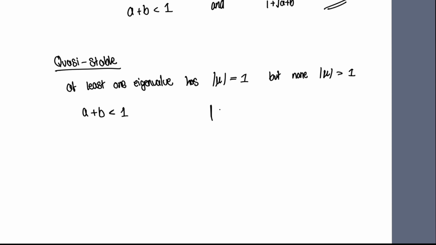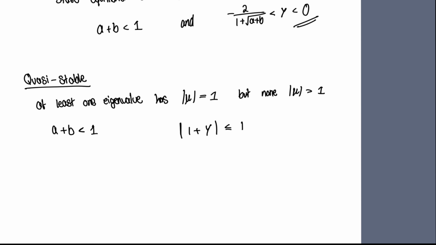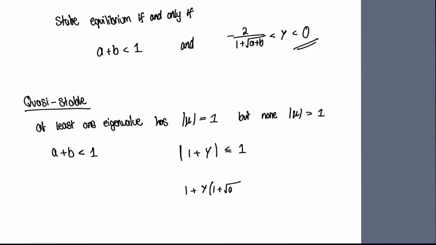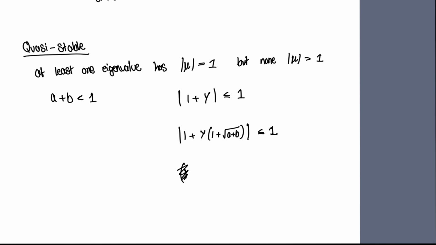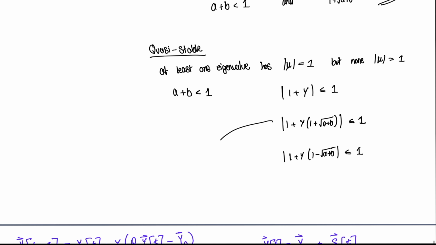So 1 plus mu has to be less than or equal to 1. 1 plus mu (1 plus root a plus b) less than or equal to 1. And then the mod of 1 plus mu (1 minus root a plus b) is less than or equal to 1.